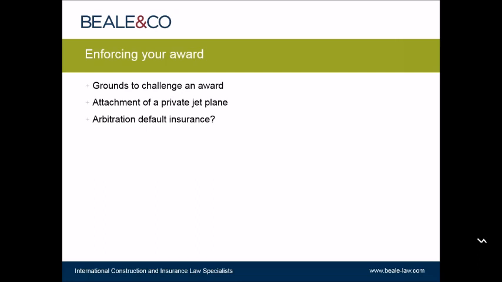Now, despite all the promise of the Convention, it can be a difficult, costly, and lengthy process to enforce an award. This has led to some organizations offering an innovative insurance policy known as an arbitration default insurance.